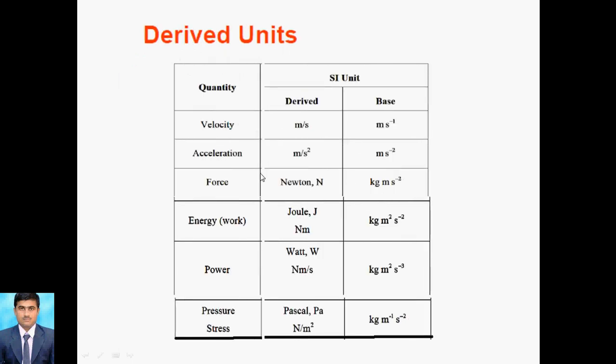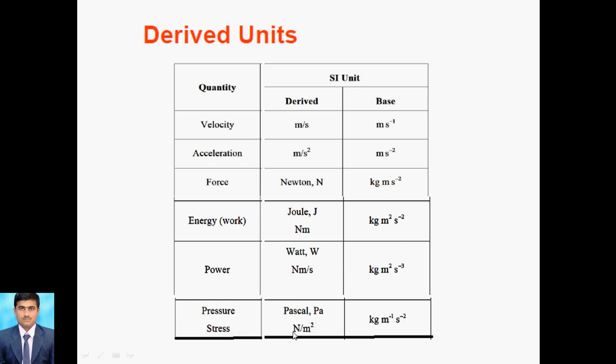In this session we have discussed the derived units: velocity is in terms of meter per second, acceleration in terms of meter per second square, force in terms of Newton, energy in terms of joule or Newton meter, power in terms of watt, and pressure in terms of Pascal or Newton per meter square.